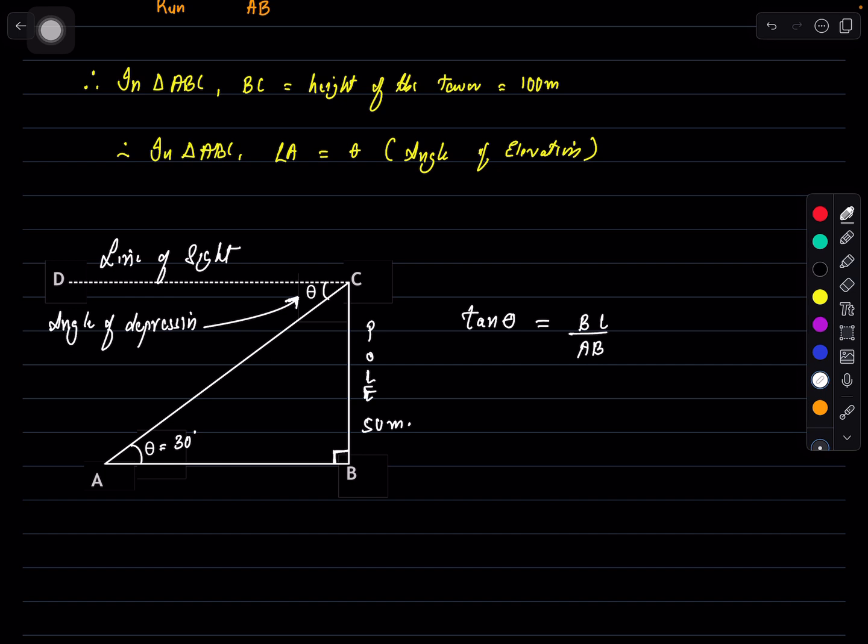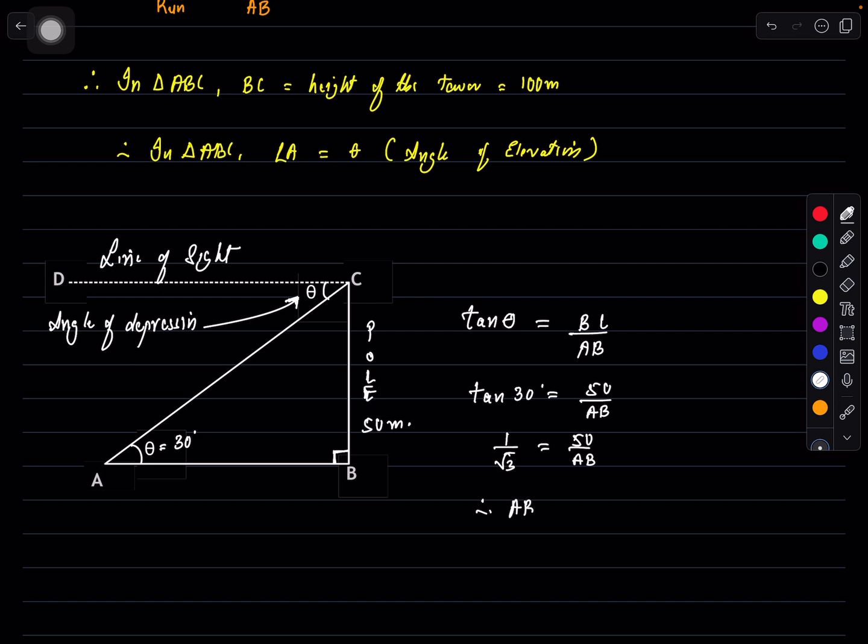Therefore, for us to figure out how far A is from B, we will use tan 30. So tan of angle 30 degrees is 50 over AB. But we know tan 30 is 1 over root 3. Thus, we will write 50 over AB.